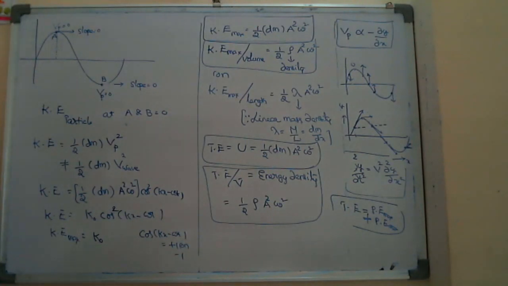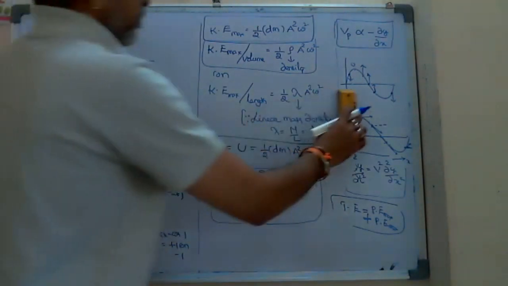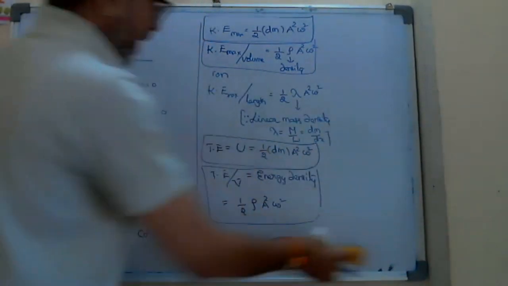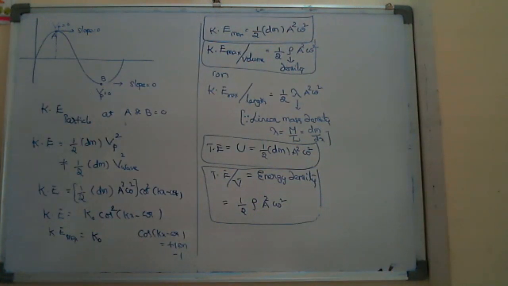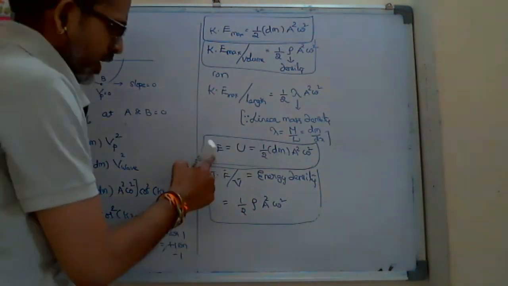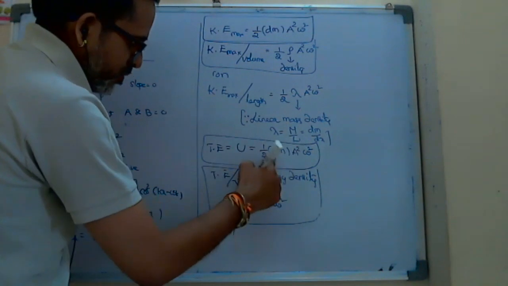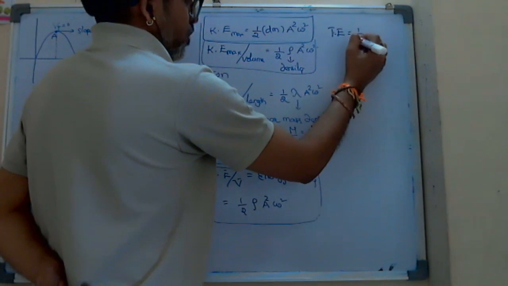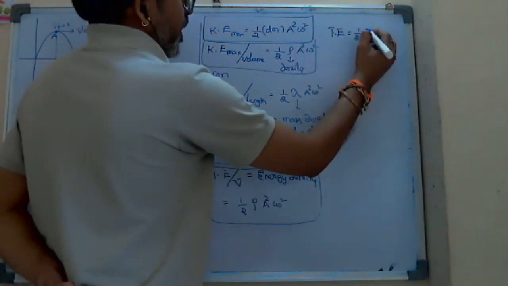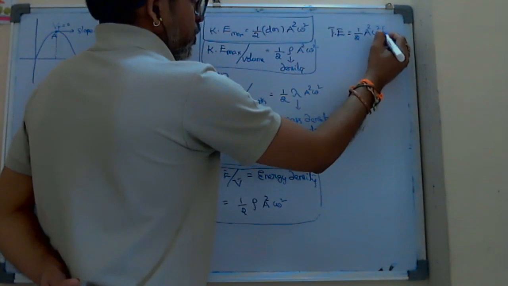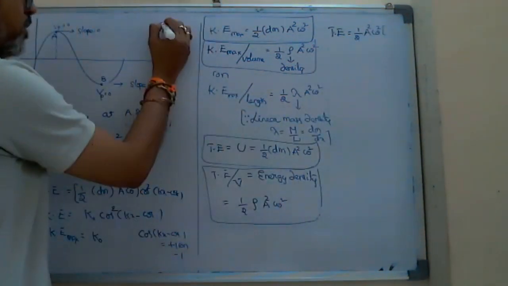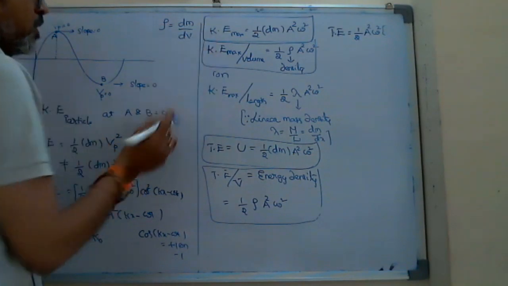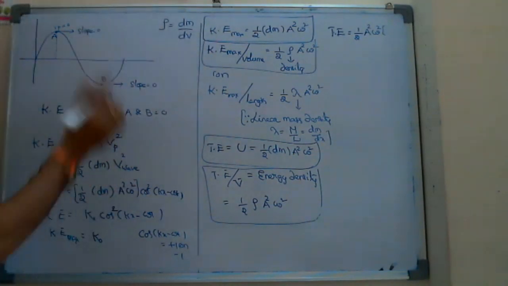Suppose after finding the energy density, I ask for the total energy. I already calculated it: total energy is equal to half A square omega square into dm. From density equals mass by volume, dm is equal to rho into dv.